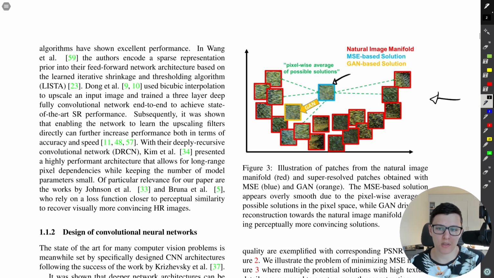There are many different textures that could be correct for this specific crop. And so the MSE encourages us to take an average of all of these possible solutions, and that is what causes this blurriness. And if we instead do GANs, then we're going to take one solution. It might not be the perfect one, but we're at least going to hallucinate one that could be real, which is, in general, going to do pretty well.